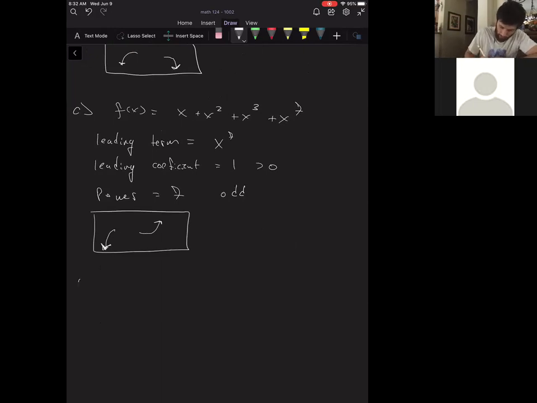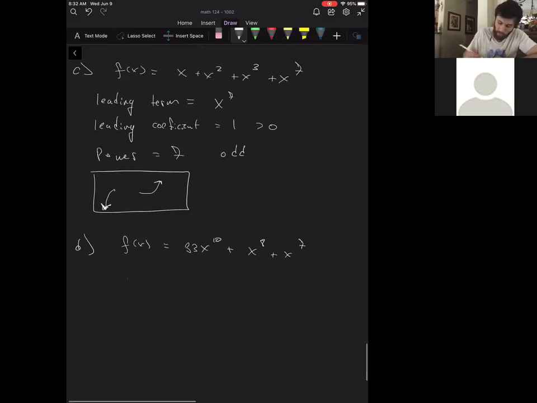And then the last possible example we could have is f of x is equal to 33x to the 10 plus x to the 8 plus x to the 7. For this one, our leading term is 33x to the 10, because x to the 10 is the biggest exponent.